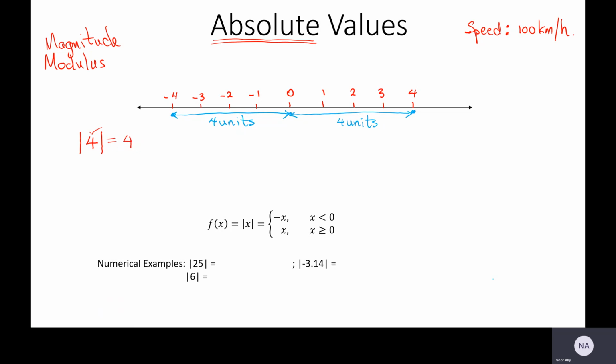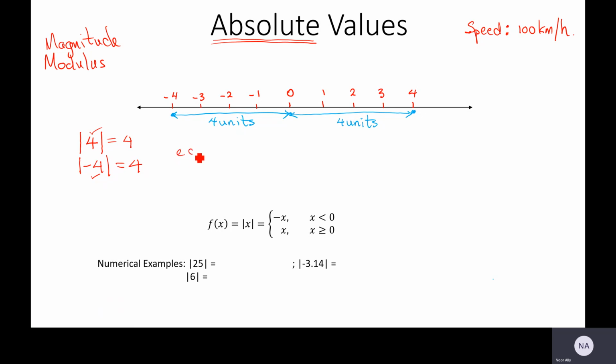It is 4 units. And when you see this, that means what is the distance from -4 to 0, it is also 4 units. And that is known as the absolute value of whichever number you are looking at.